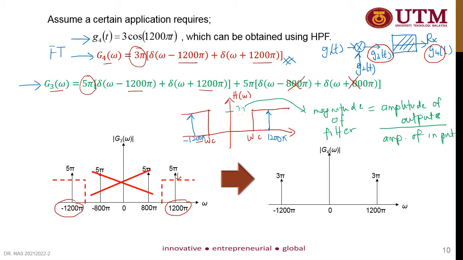So in this particular case, the output required is 3 pi, and the input is 5 pi. So it is basically 3 pi divided by 5 pi. So this is basically the magnitude, or the coefficient, of the filter.